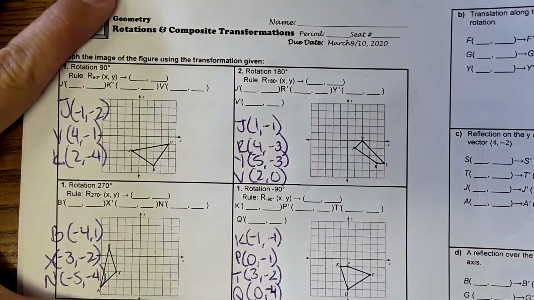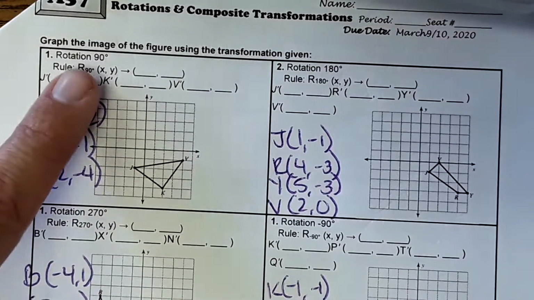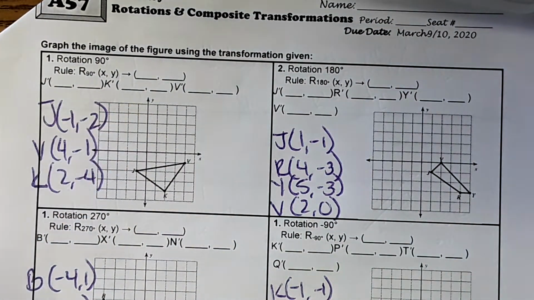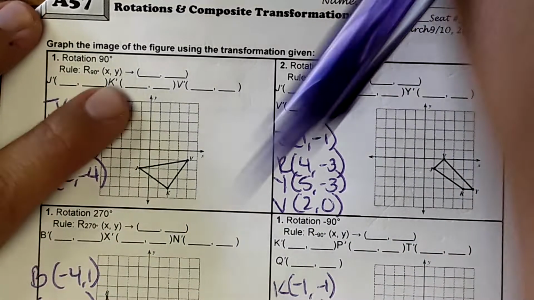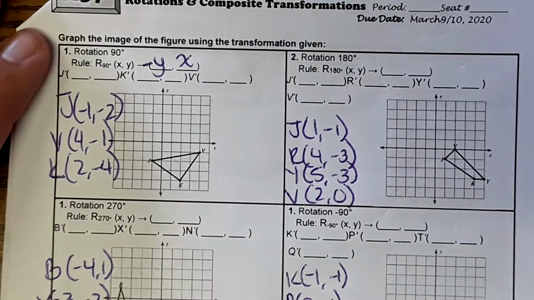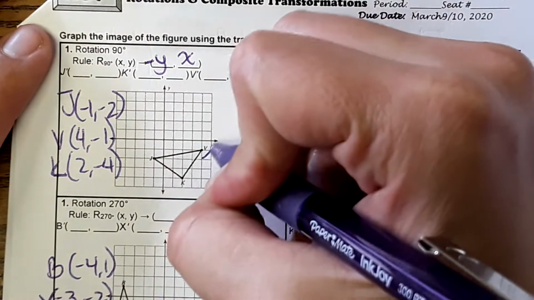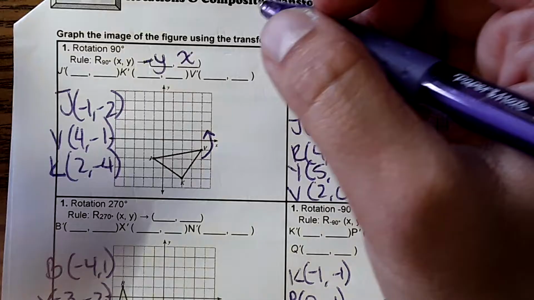So starting with number 1, it says rotation 90 degrees. What you would need to do is look for the rotation rule, and I have them up on the board. So for 90 degrees, the rule is (negative y, x), and we're just going to write that on our paper. A 90 degree rotation is just like one turn this way, so our shape's going to end up here.